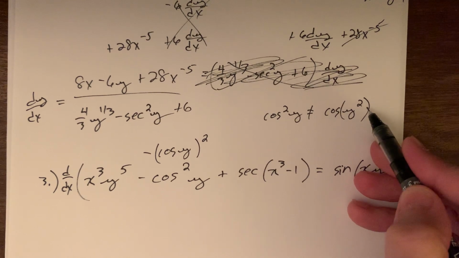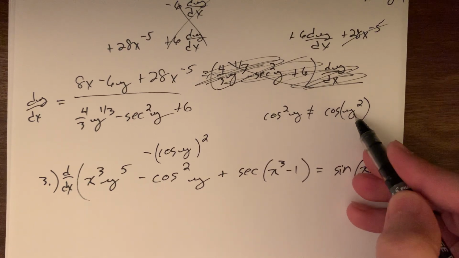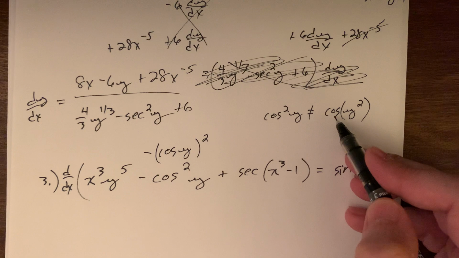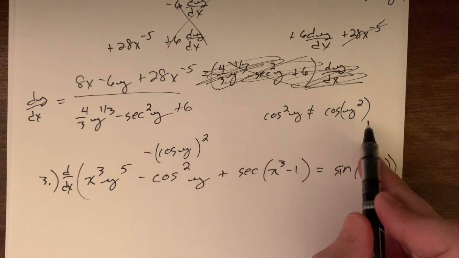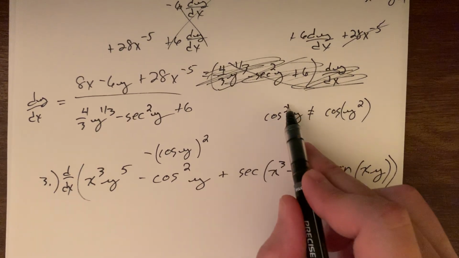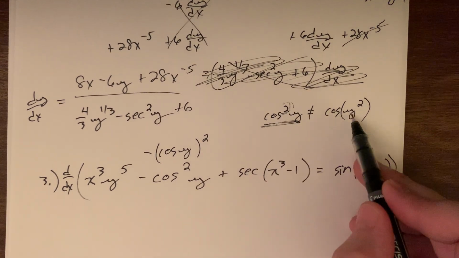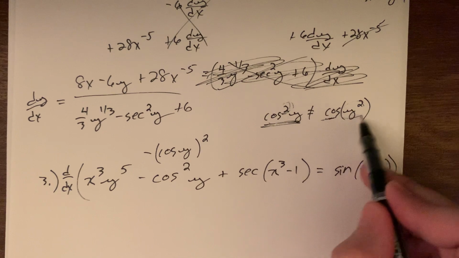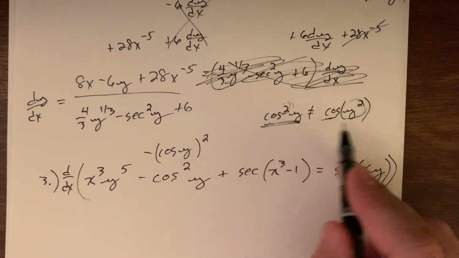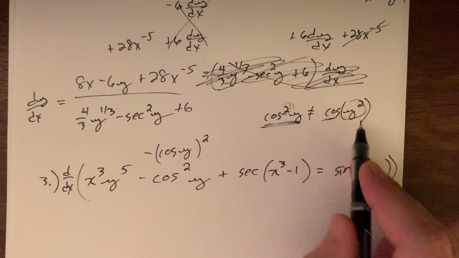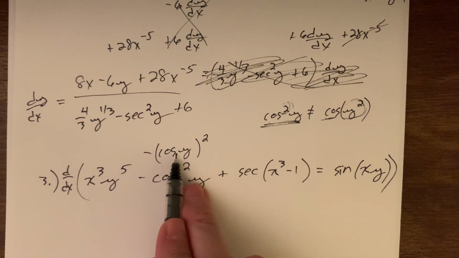Make that explicitly clear that square is on the y, not on the cosine. So both of these would be chain rule, but here it's the outer exponent. That's the outer, cosine is the inner. Here, cosine is the outer, y squared is the inner. So a very, very different situation. And this is the situation we have here.